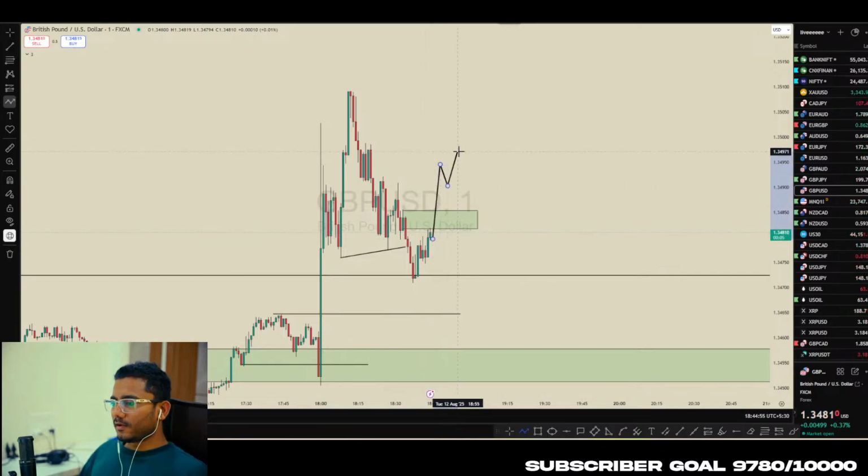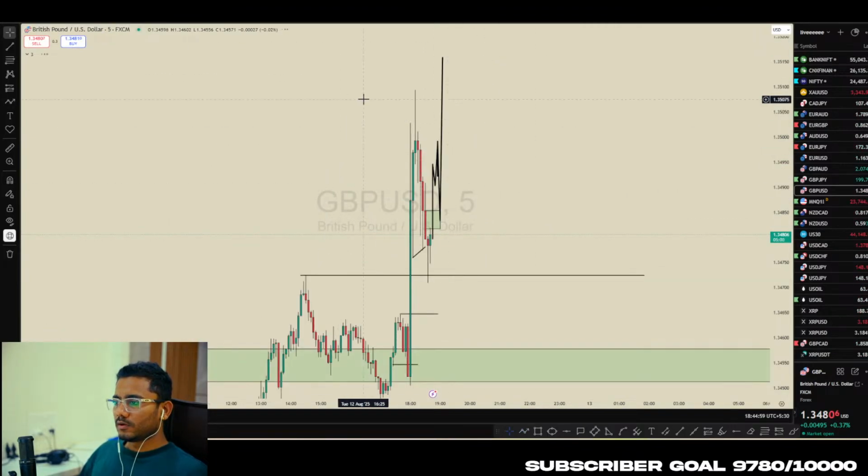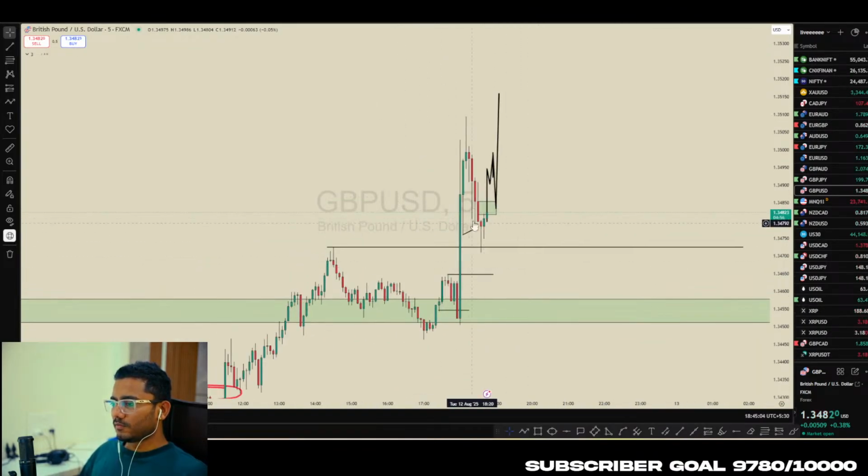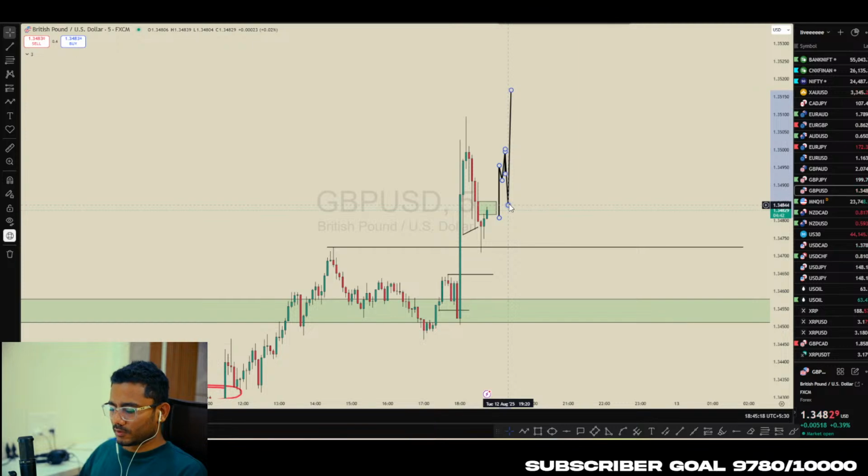If this breaks and creates liquidity, then we can look for a retest entry and it should continue targeting the next high. So price can maintain this imbalance because the momentum is to the upside. So it should continue to the upside. Let's see if this happens, then we look for a retest here. This is just a prediction. If it does not, and it continues, then we look for a horizontal entry to the buy side from here.